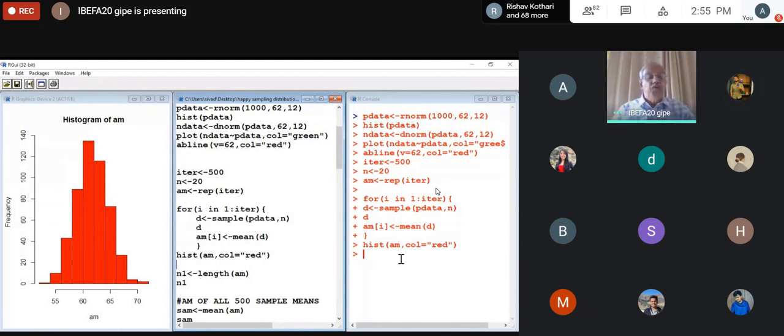This is the graph I am getting. What is the meaning of the graph? How many samples are within the graph? 500 samples. How many arithmetic means are there in the graph? 500.